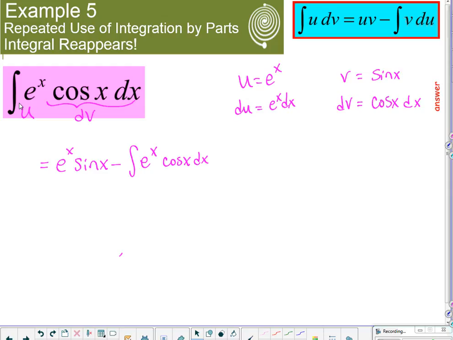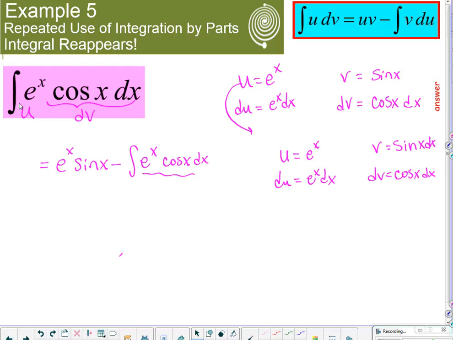Let's set up a new u and dv, but we must maintain the same u that we had originally started. So u equals e to the x. Its derivative will be e to the x dx. That forces dv then to be cosine x dx, and the integral of that will be sine x.